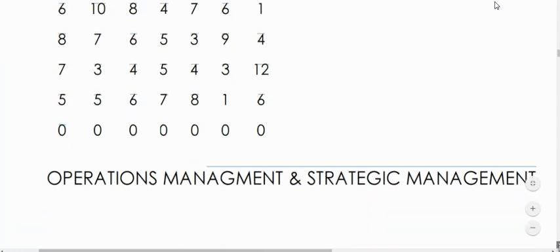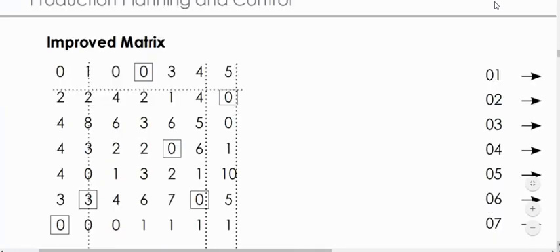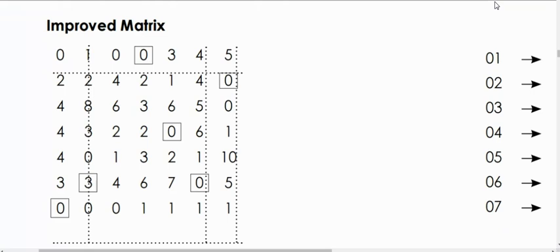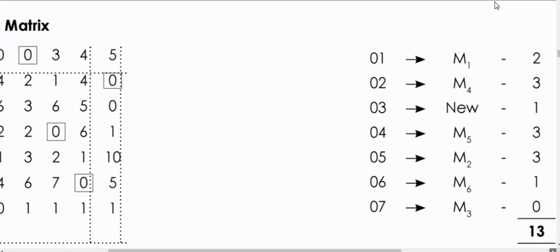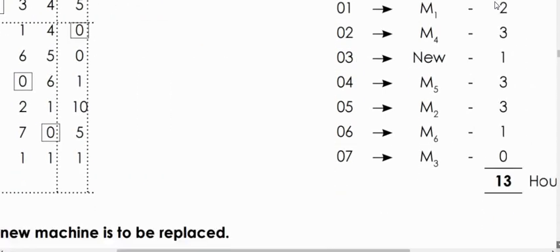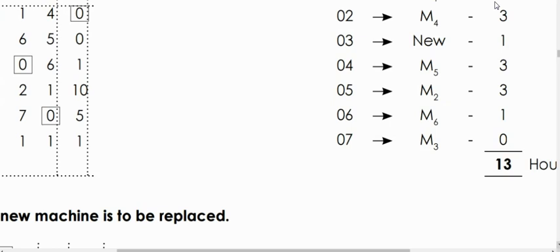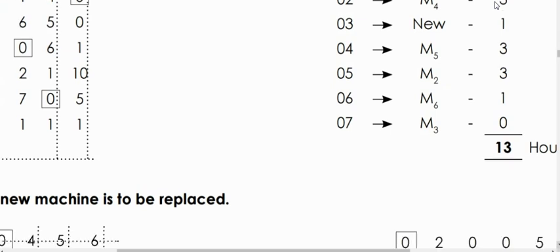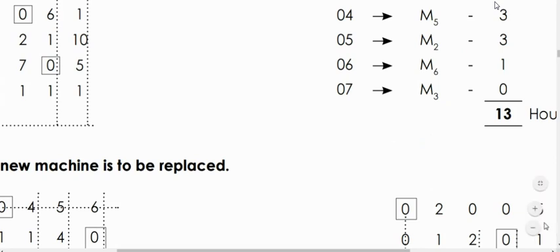Now, after this, the same method has to be followed. Row matrix, then column matrix. Then we have to find out the zeros, then cancel them, and then find out the solution. In the solution, the answer would be like minimum hours or maximum profit or minimum cost. In the first case we got 17 hours.